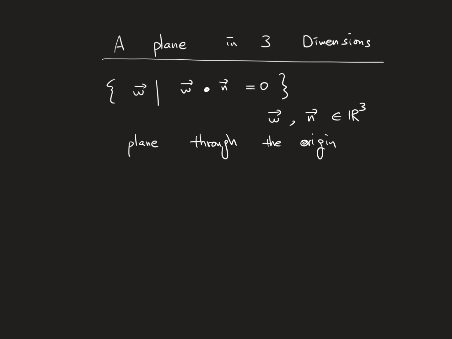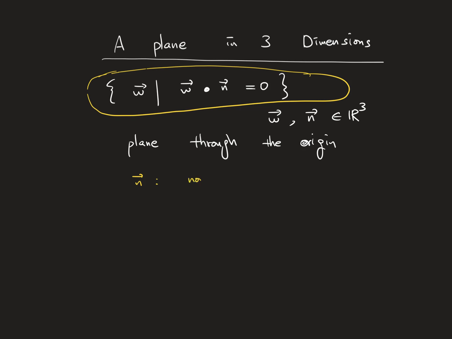And then we can represent that plane using this formula. Okay, this is the set, and the n vector we call a normal vector.